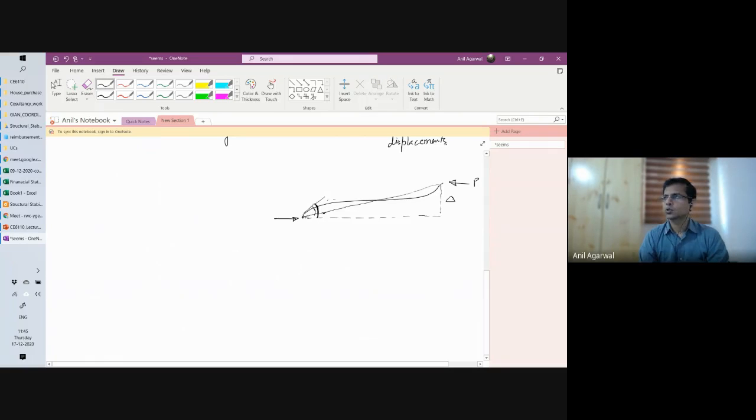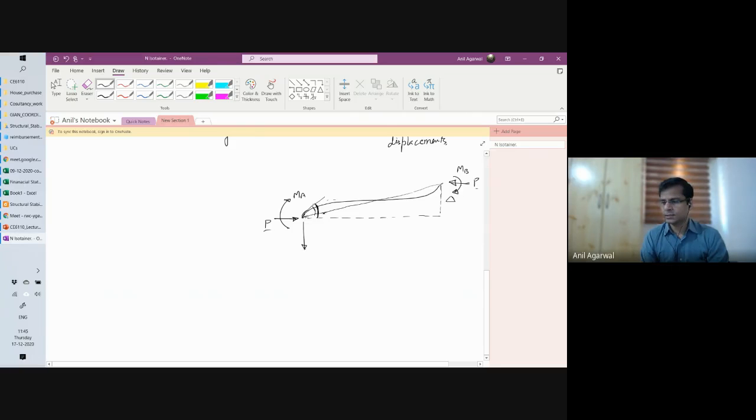That is basically your sway value. So there will be an MA moment acting here, and there is an MB moment acting here. Now we had already seen that because of this MA and MB, there will be lateral forces acting here to keep MA and MB in balance. Now what you would see is that if there is a sway, even the two P forces are not balancing each other, right? There is an unbalanced moment because of the two P forces if there is a sway.